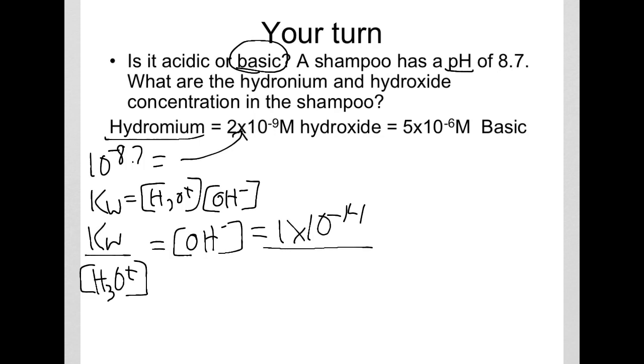Probably have it memorized by now. Divided by the 2 times 10 to the negative 9th, that's going to be 5 times 10 to the negative 6th molarity.